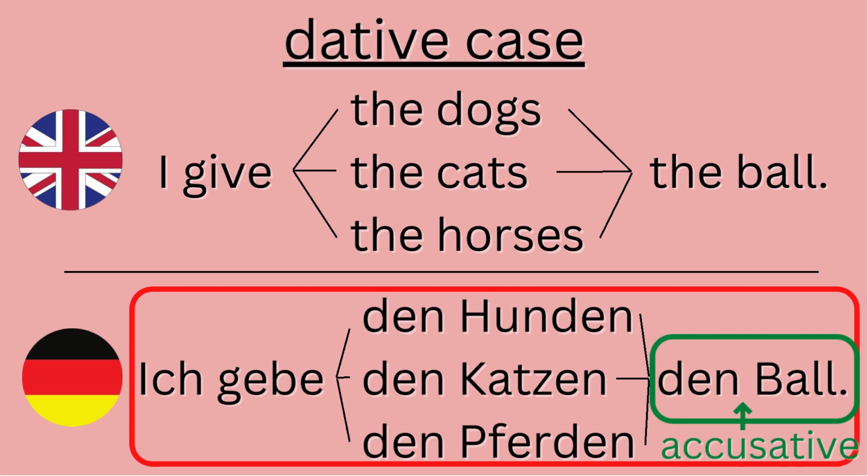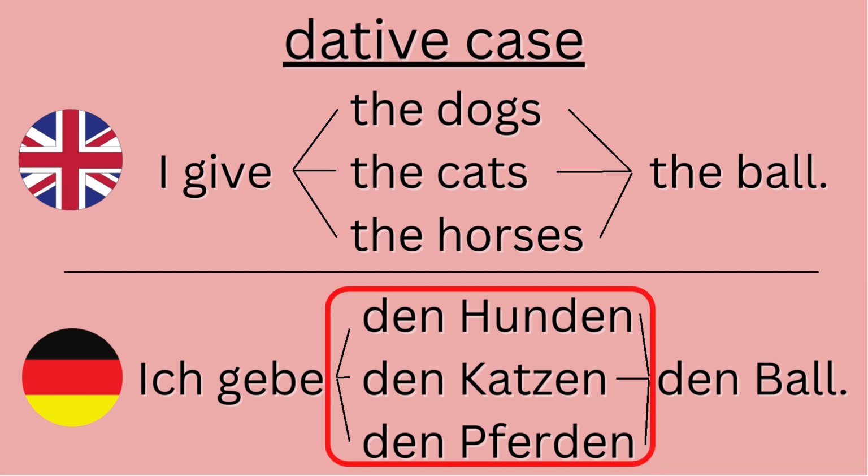So der Ball turns into den Ball because that's the direct object. That's the singular masculine accusative case. Der Ball turns into den Ball. That's what I covered in my first video. But let's look at the indirect object, the recipients of the direct object, the ball.